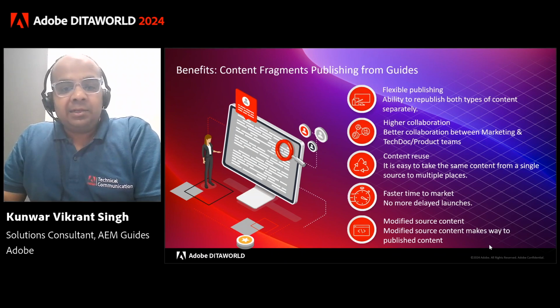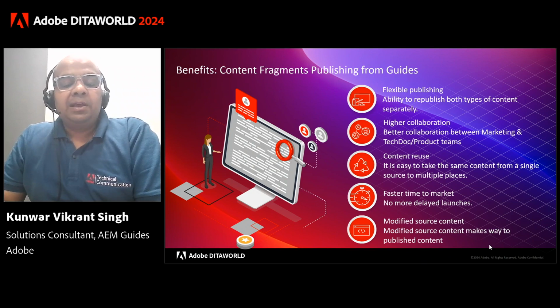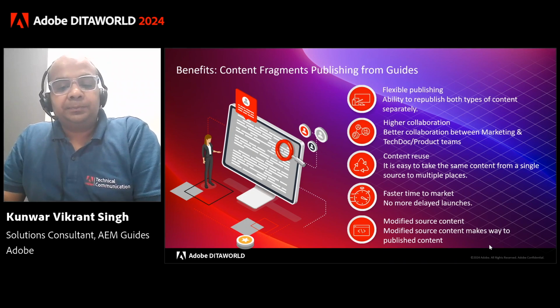It enhances the collaboration between the marketing and tech documentation teams. Content reuse does not happen only at the level of the map or the topic. It can happen even at the level of the website, where the same topic which has been created or used in the data map could be published as a content fragment and then utilized on the web pages. We have seen the example.